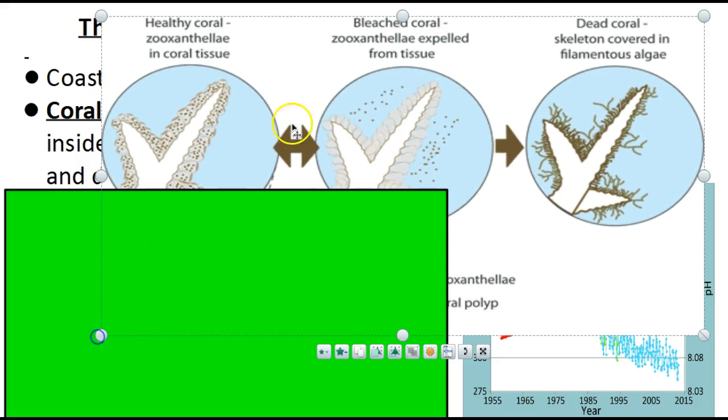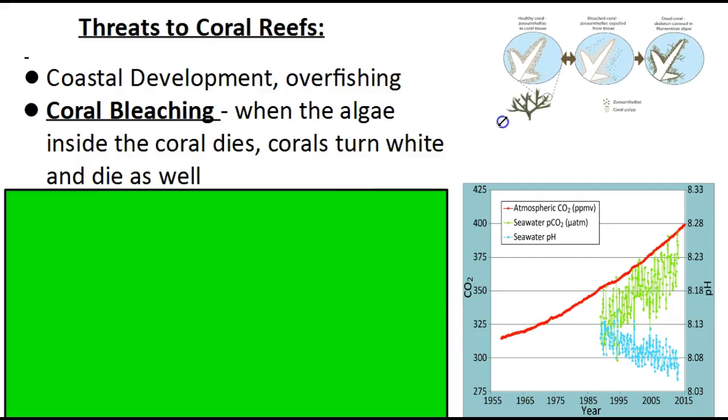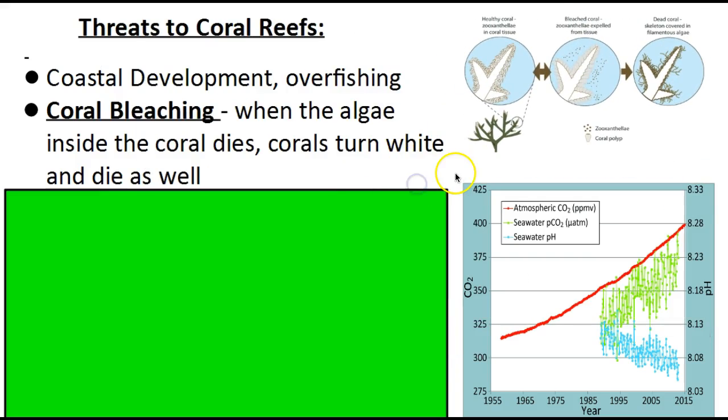I'll move it in a second. What we see is this is healthy coral. Here's all the little algae, okay, that lives with it. And when it gets bleached, all that algae gets expelled. And then we get the dead coral. And basically the bad kind of algae, like mold, covers it, okay? So corals turn white and die.